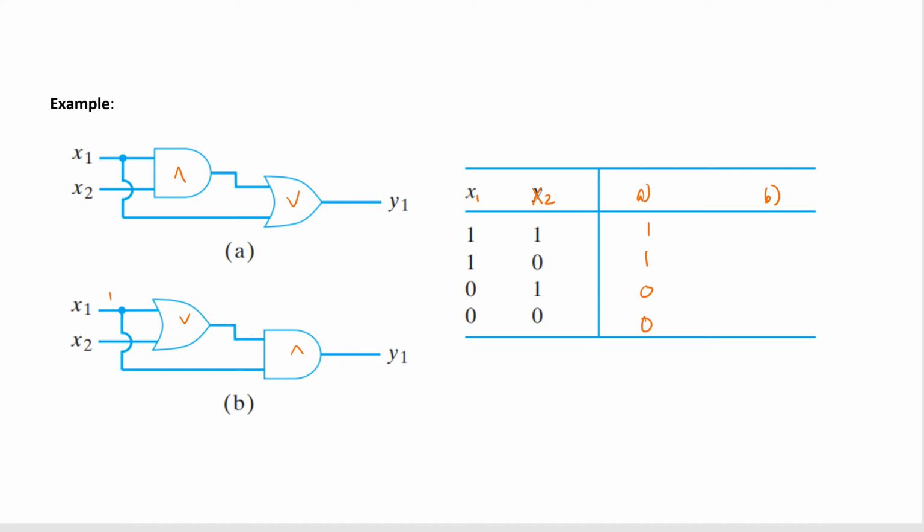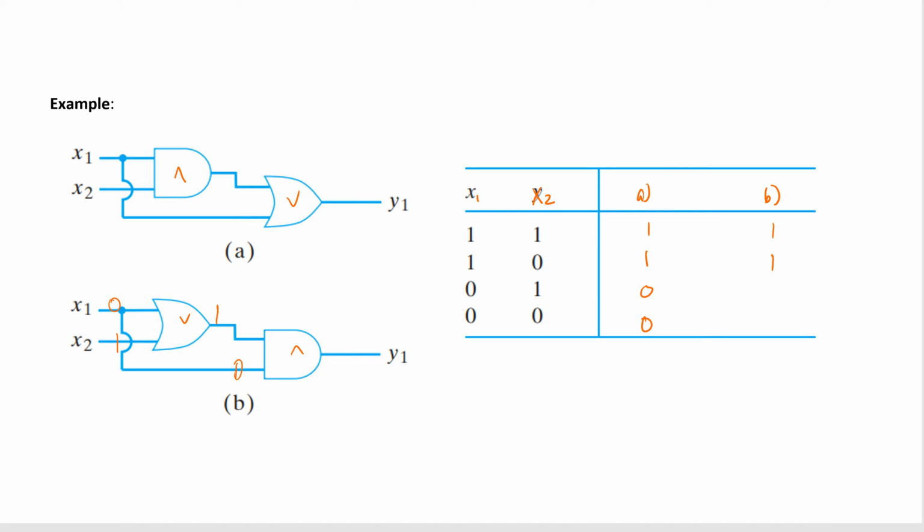Next, 1, 1, 1 or 1 is 1. So this is 1 and 1 is 1. Then let's see, 1, 0. 1 or 0 is 1, 1 and 1 is also 1. Next, 0, 1. 0 or 1 is 1.